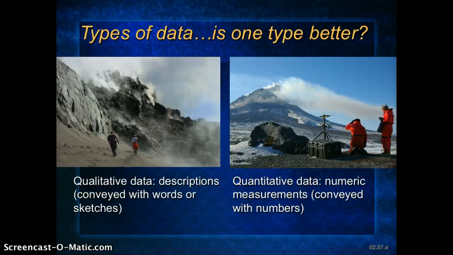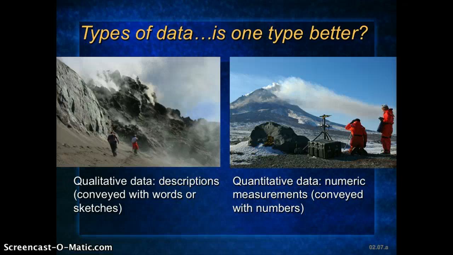Since we're so data driven, you'll observe as we go through this course that we look at two general types of data. Qualitative data is more descriptive, conveyed with words or sketches. Quantitative data is numeric. Many times people will have a preference for quantitative data. Those numbers, for some reason, feel more official.